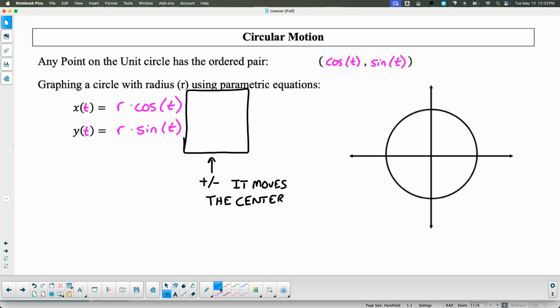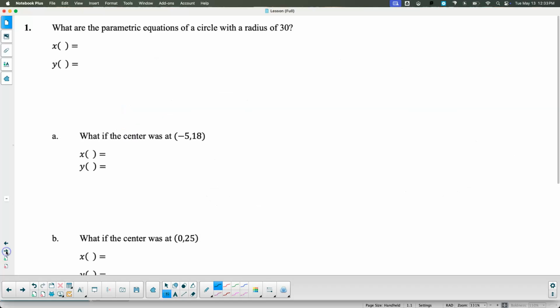With that being said, what are the parametric equations of a circle with radius of 30 centered at the origin?